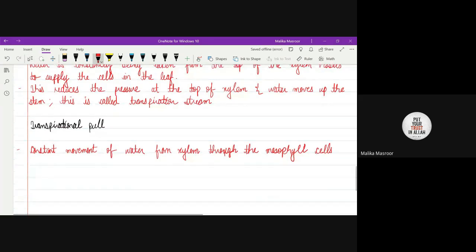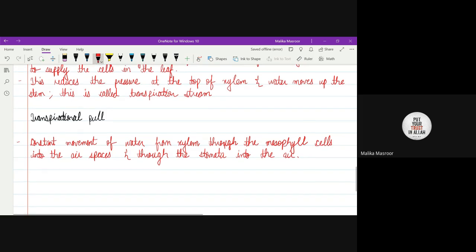into the air spaces and through the stomata into the air. This means that water is removed from the upper end of the xylem vessel, like I said earlier.